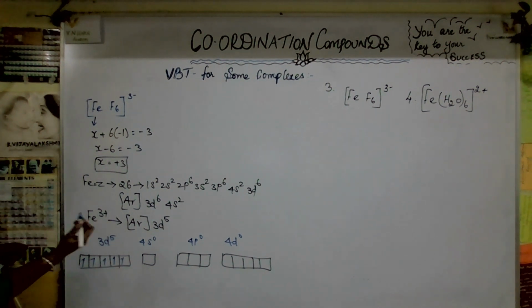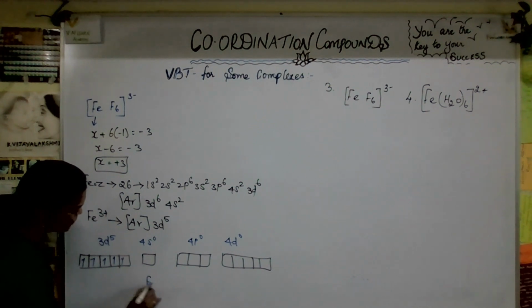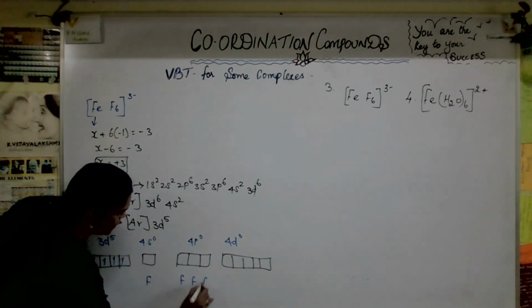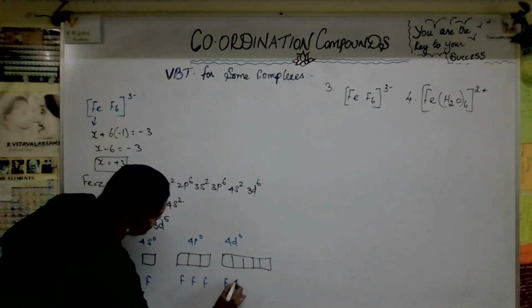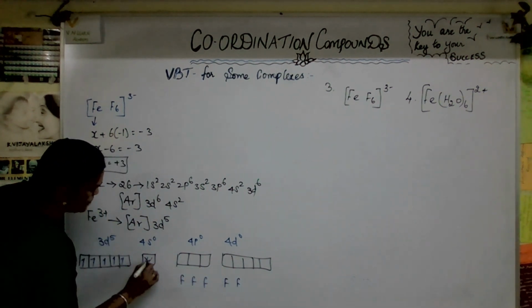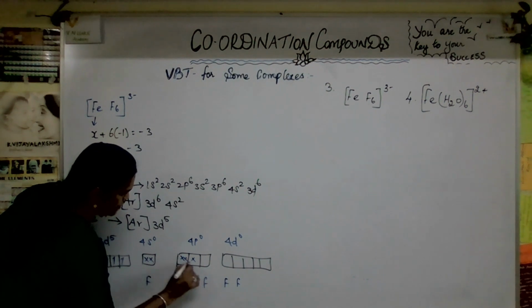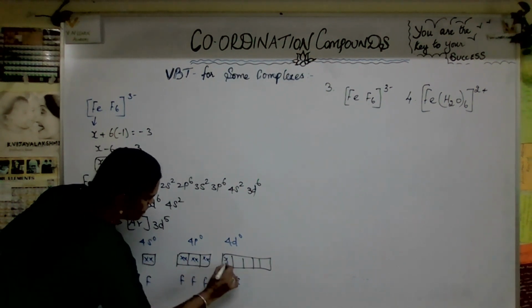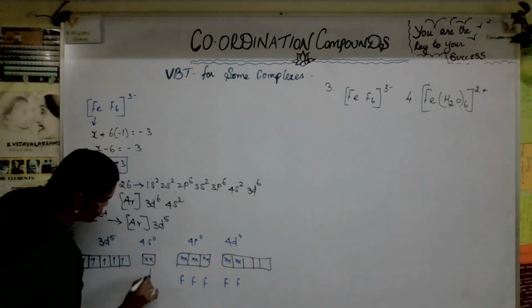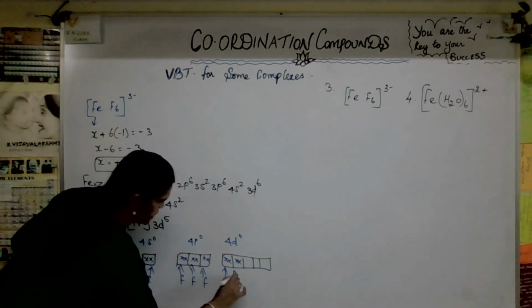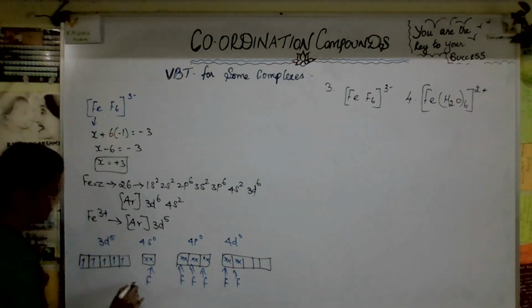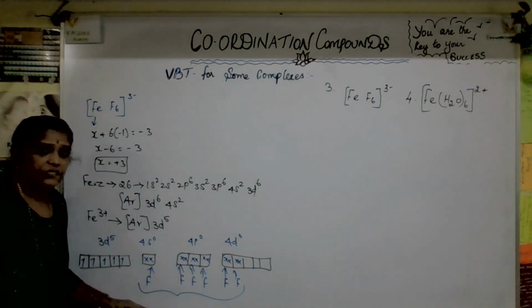So that means F, F, F and F. How many are there? 4, 5 and 6. So you have to fill this now. Here, is it visible?